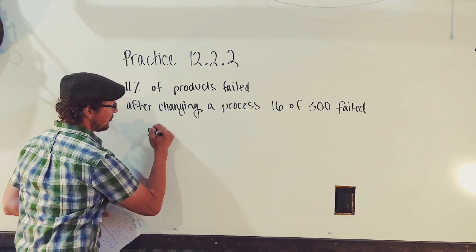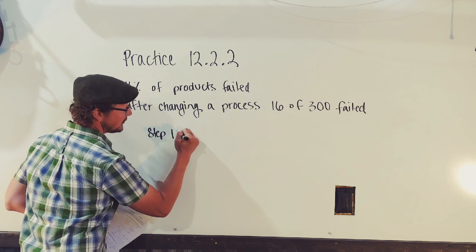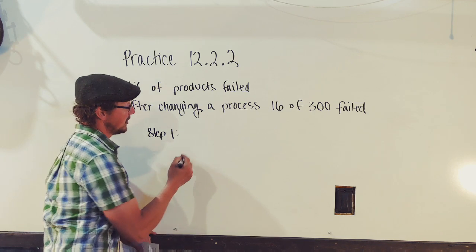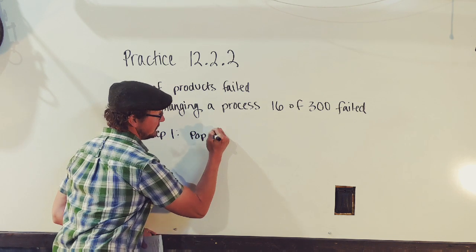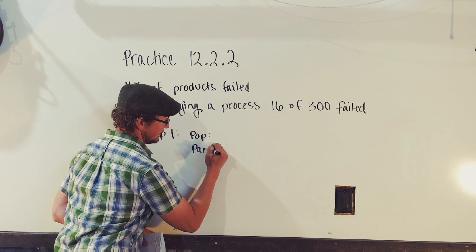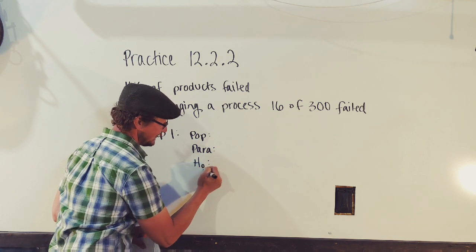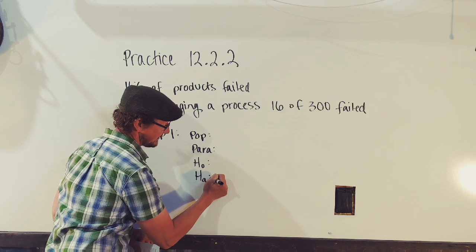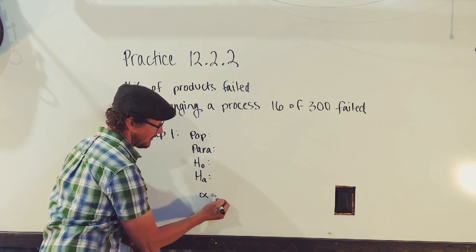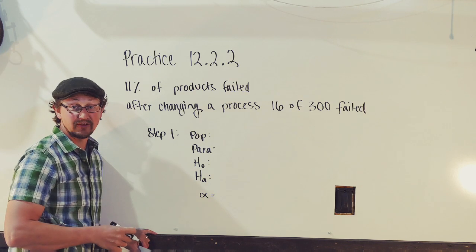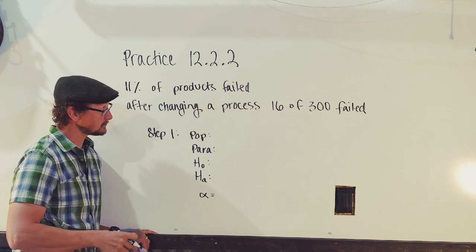So our step 1 is simply to establish what's going on here. So what's my population? What's my parameter? What's my null hypothesis? My alternative hypothesis? And at what significance level am I going to be convinced that there's real change occurring?